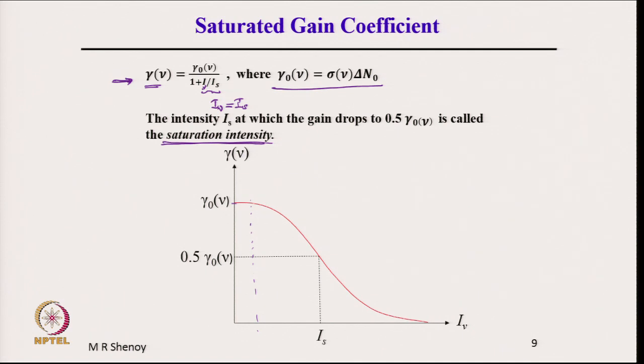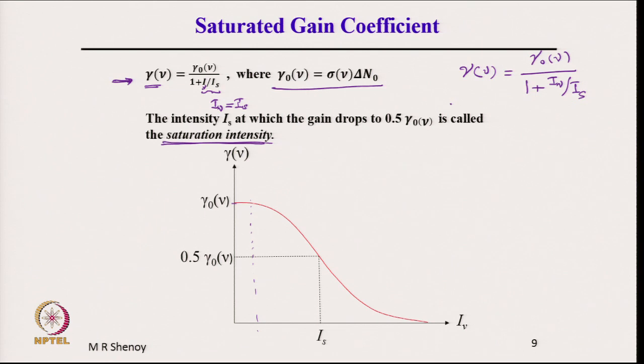Okay. So, we have introduced one more term, that is saturation intensity, and the expression for the gain coefficient given here, let me write it here. Gamma of nu is equal to gamma 0 of nu divided by 1 plus I nu divided by I s.